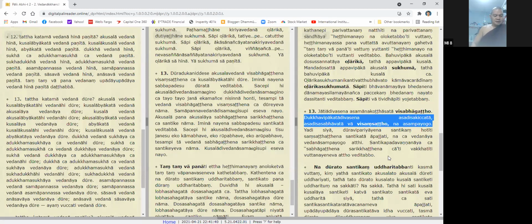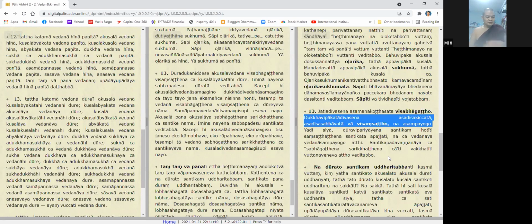You go back to the Atthakatha. Dura dukkha nitise akusala vedana visabhaka thenacha visasa thenacha kusala vyagaraye dure. Imina niyena sabha padesu durata viditapa. In this way, in all words, dura should be understood. Oh, okay.